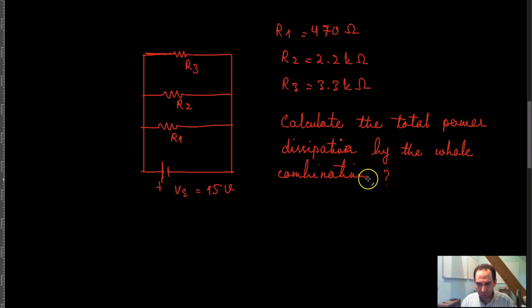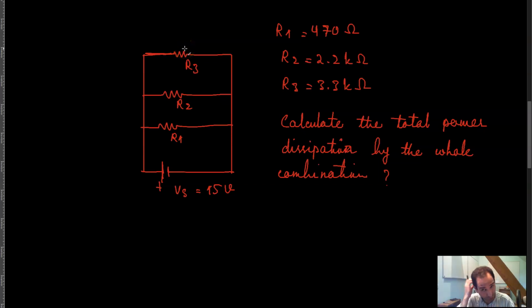So if you want to calculate that, of course, you can calculate the power dissipation by resistor R1, the power dissipation by R2, the power dissipation by R3, and then algebraically add them together.